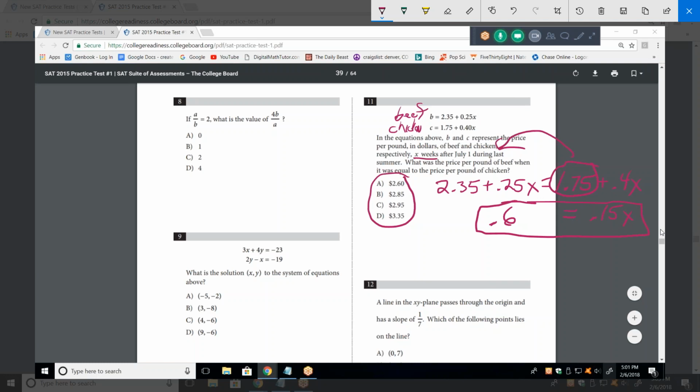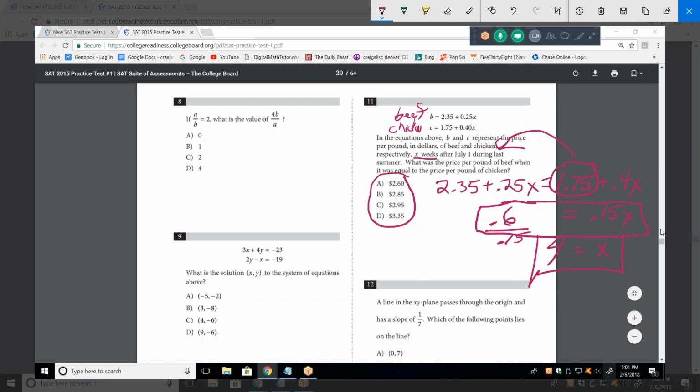What's the next step? Dividing that. Do it in your calculator. You're dividing 0.6 by 0.15, right? 4. That's what I'm doing. 4. So 4 is the answer.